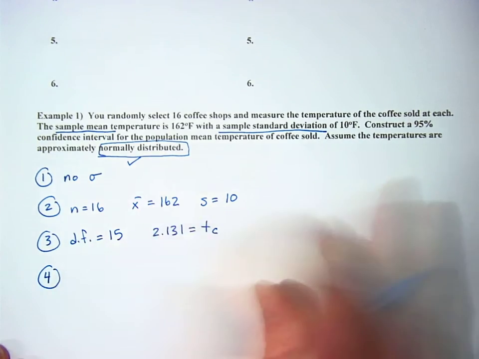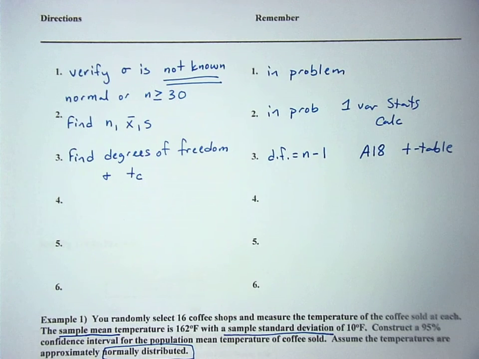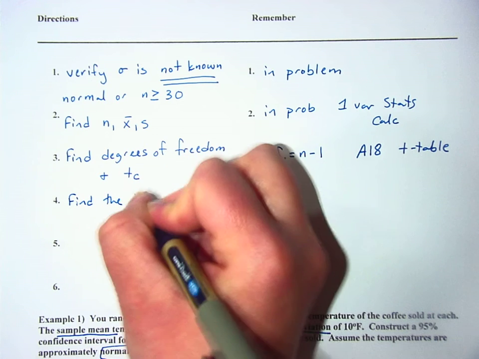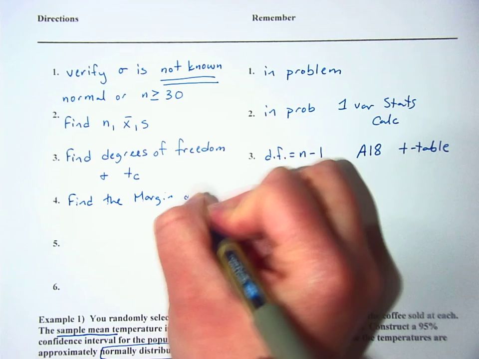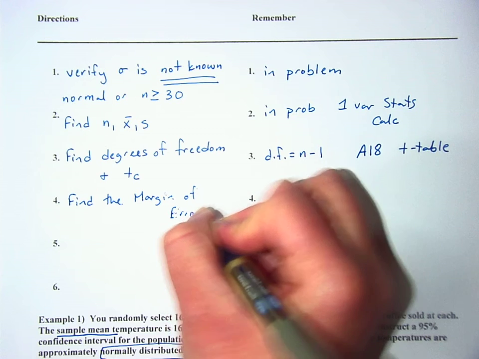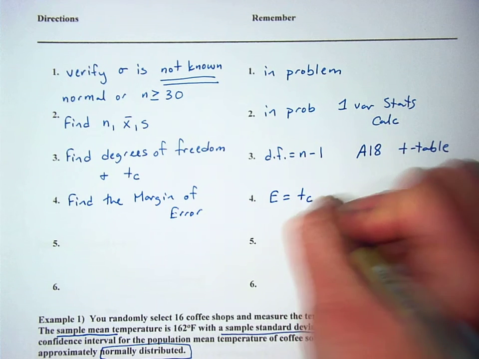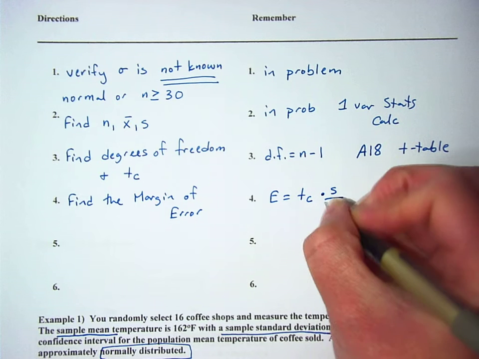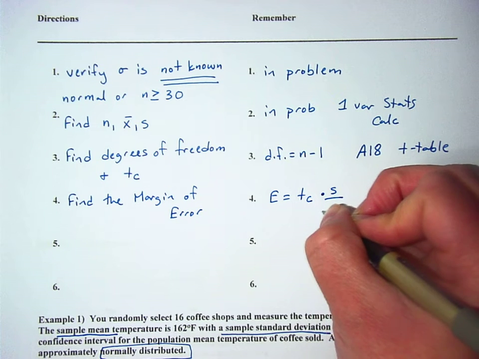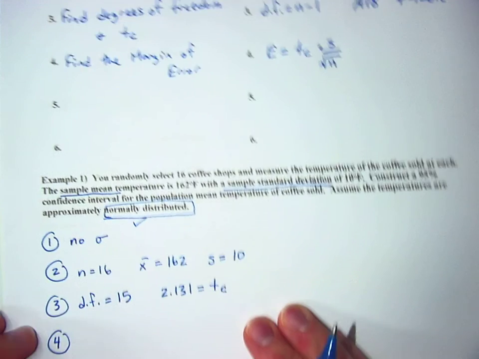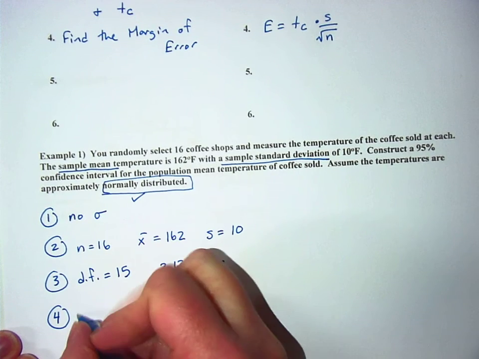All right, number 4. Step 4 is to find the margin of error. This formula looks just like the other one we did, except the Z sub C is replaced with a T sub C, and the sigma is replaced with an S. So, to find my margin of error, I'm going to use that formula.